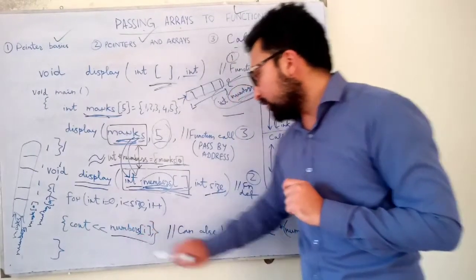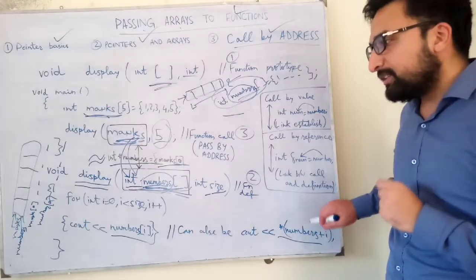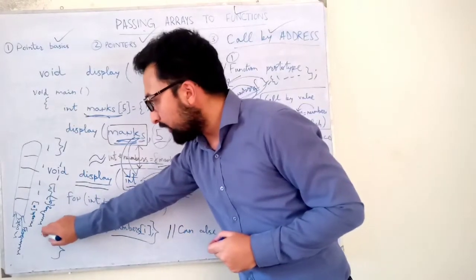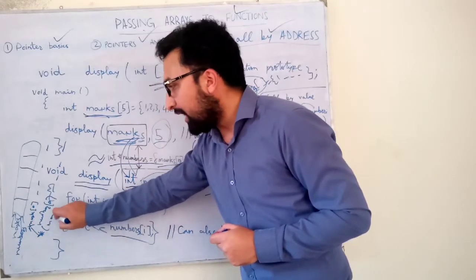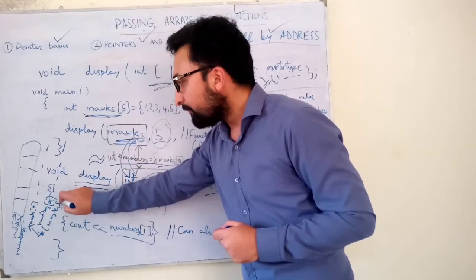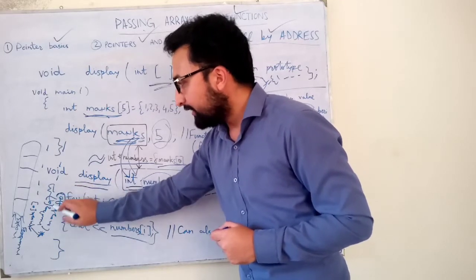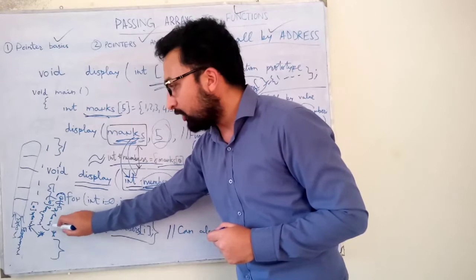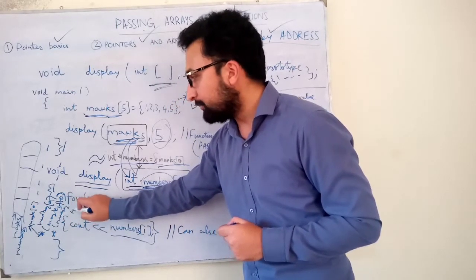Similarly, we can also do star of numbers plus i, which for i equal to 0 gives the first element. We also know that marks of 0 is equivalent to star of marks plus 0. Similarly, we can write star of numbers plus 0.